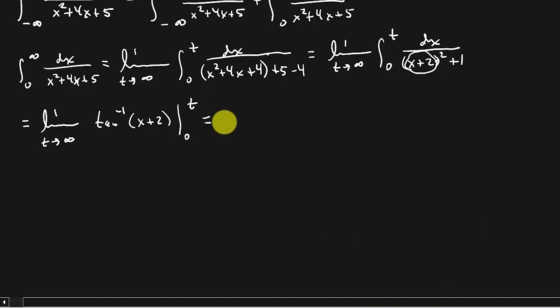And so this is going to give us the limit as t goes to infinity of inverse tan of t plus 2 minus inverse tan of 0 plus 2. Okay.